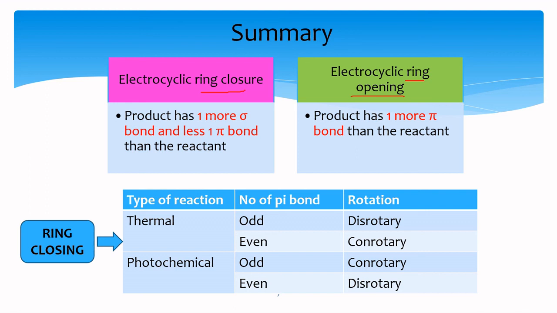And in electrocyclic ring opening, the product usually has one more pi bond compared to the reactant. And this is a summary of the reaction, number of pi bonds, and the rotation. But this is for ring closing. You can construct a table on your own for ring opening. It's just that the ring opening is opposite to this ring closing.